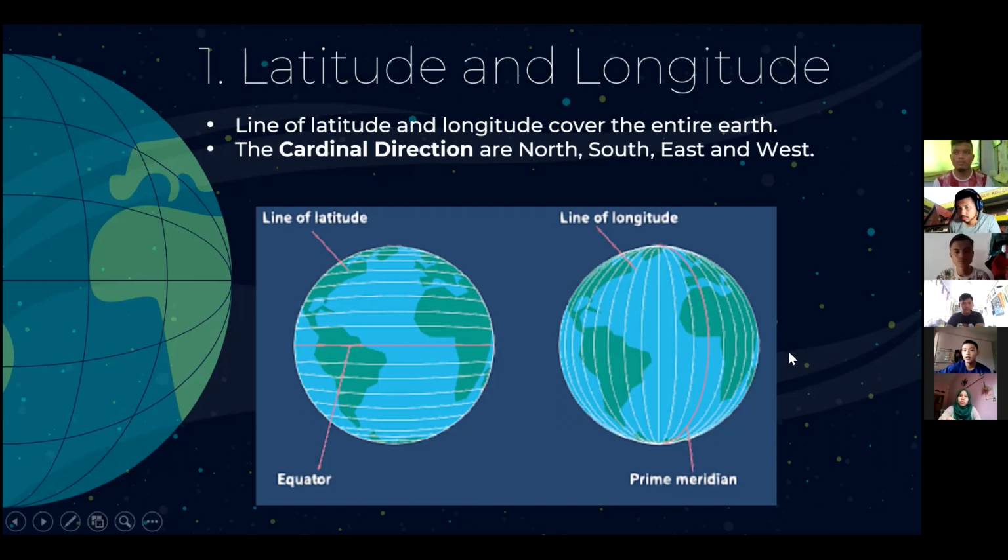Cardinal directions or cardinal points are the directions that represent north, east, south, and west, commonly denoted by their initials, which you can see on most compasses as N, E, S, and W. I hope you understand. So moving on to the next slide.